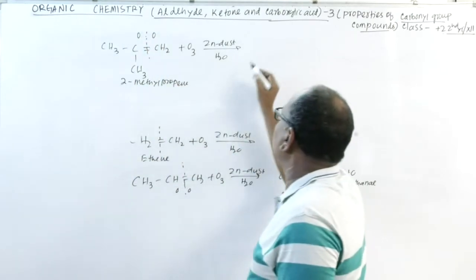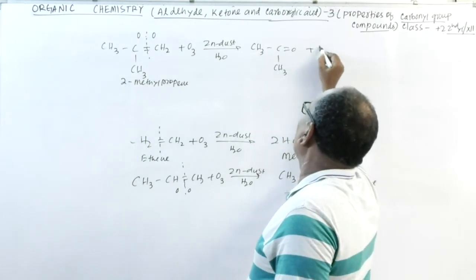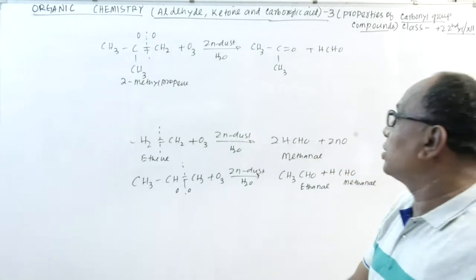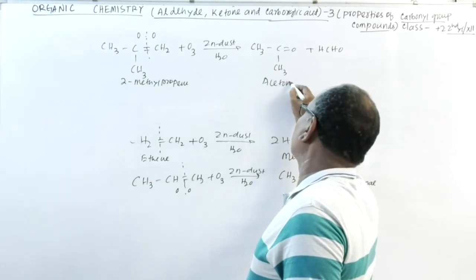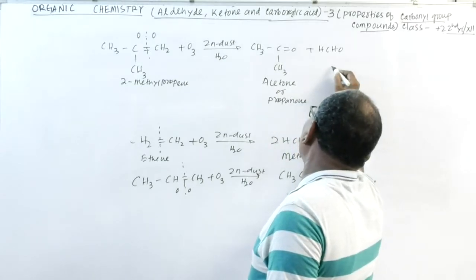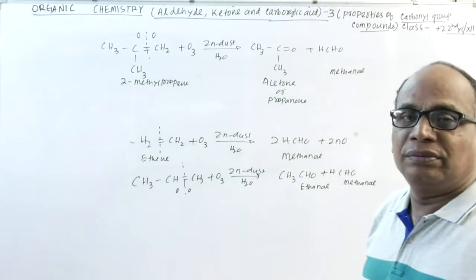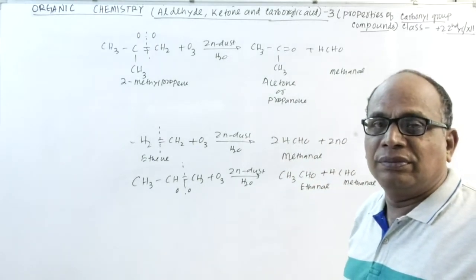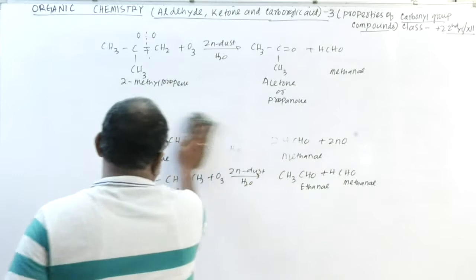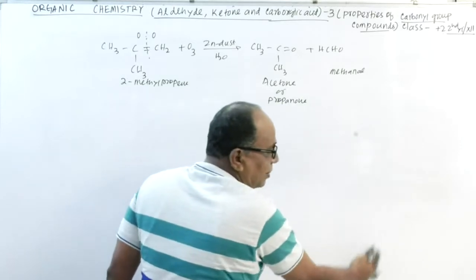So this gives you CH3-C(=O)-CH3 plus HCHO. This is your acetone or propanone, and this is your formaldehyde, or methanal. In this way you can prepare the aldehyde and ketone from alkene. During the ozonolysis of alkene, the carbon-carbon double bond gets broken.